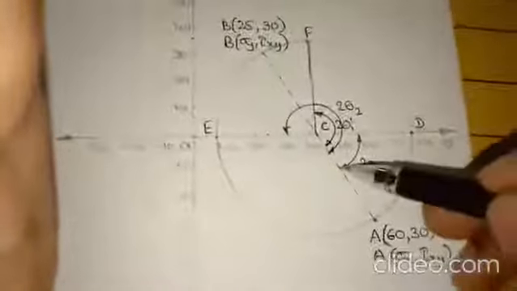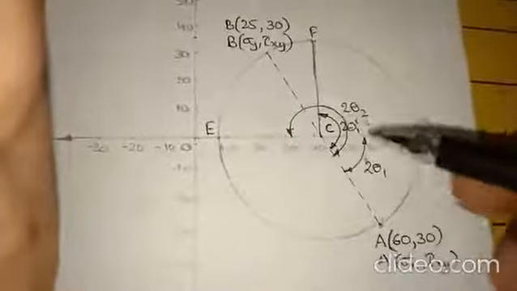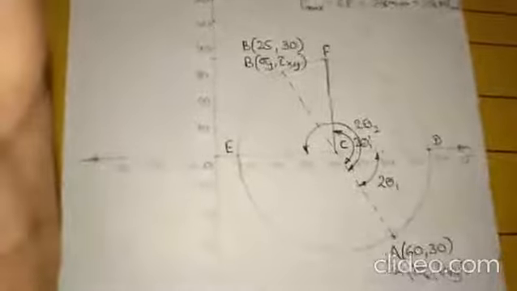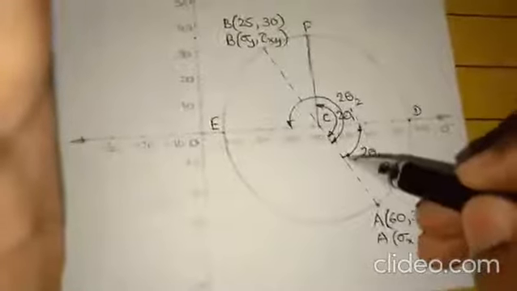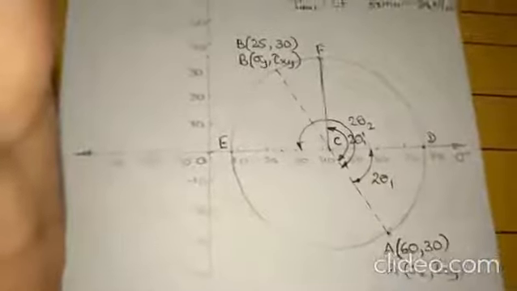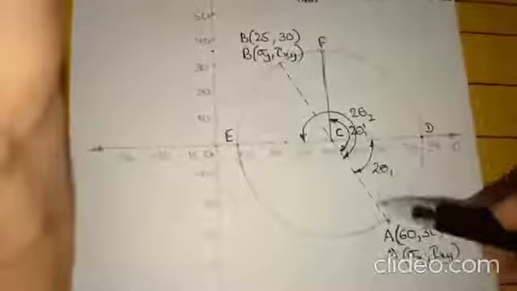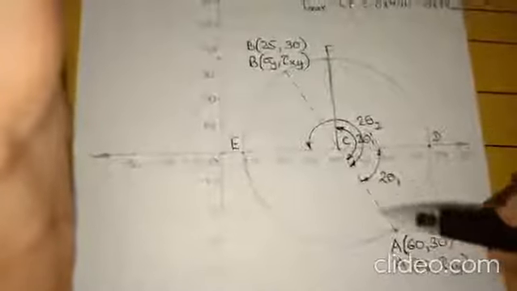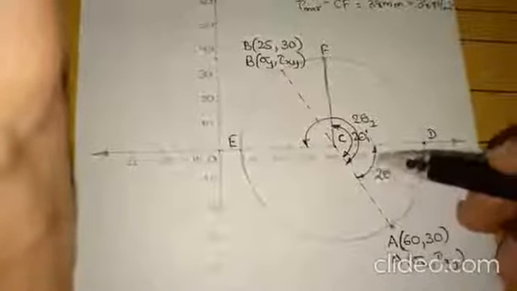You can see I am measuring all angles in the counterclockwise direction, so this is a positive angle. You can also measure in the clockwise direction; any one you can use. The thing is, all angles are measured from the sigma x comma tau line. This is the procedure for drawing the Mohr circle.